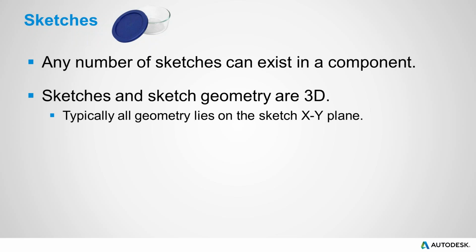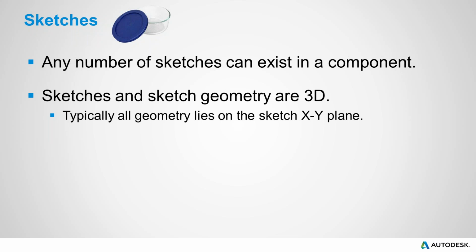But typically sketches are used as 2D, and by default, when I create a new sketch, Fusion orients the view so I'm looking on the XY plane of that sketch, and as I draw, all the geometry is on that XY plane. But it's possible for me to go in and modify it and pull it off of that XY plane. So it really is creating 3D geometry.